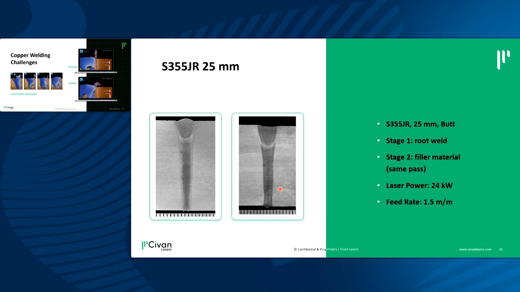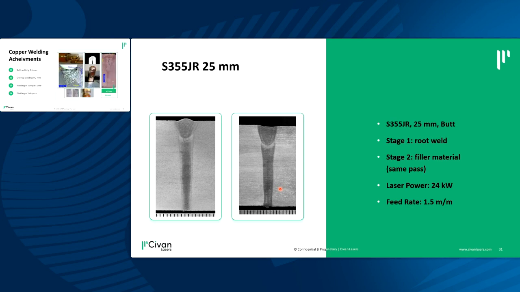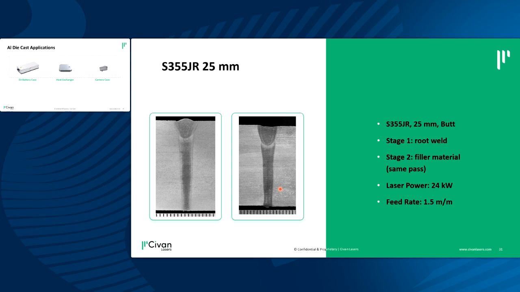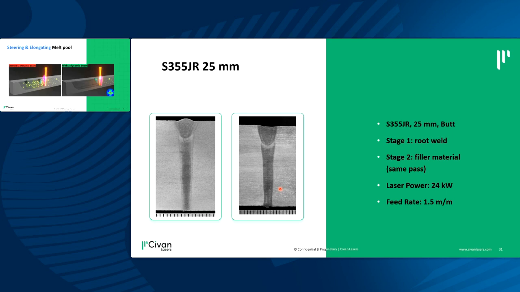The next application I would like to explain and show some results for is welding of die-cast material. The challenge in die-cast is that in the casting process, hydrogen is captured in the base material. Then when we warm up the material, it expands and gets stuck in the material, causing this porosity.